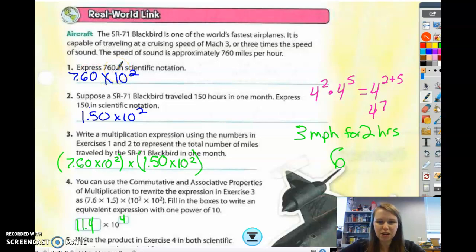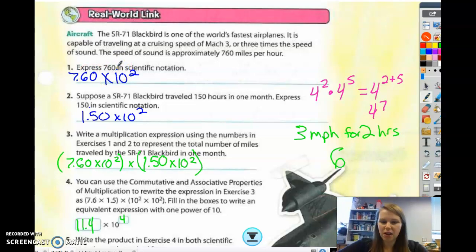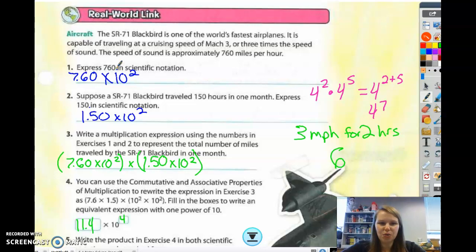I know we don't see one, but it is right on that end. In order to get it into scientific notation, we move that decimal over 2 places, so it's between the 7 and the 6. Since we moved it over 2 spots, we write 7.60 times 10 to the second. This exponent tells us how many places we moved that decimal.